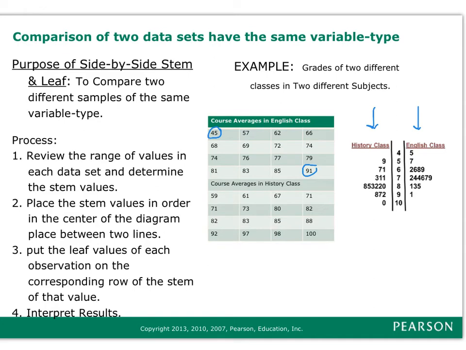Now you can see all of the different values. There are no commas here. Sometimes commas aren't included in the stem and leaf plot, but you can interpret the results. You can see that the distribution for the history class is higher than that of the English class, and that the center for the history class, if we did the average, is probably around an 80, whereas the average for the English class is going to be around a 70.